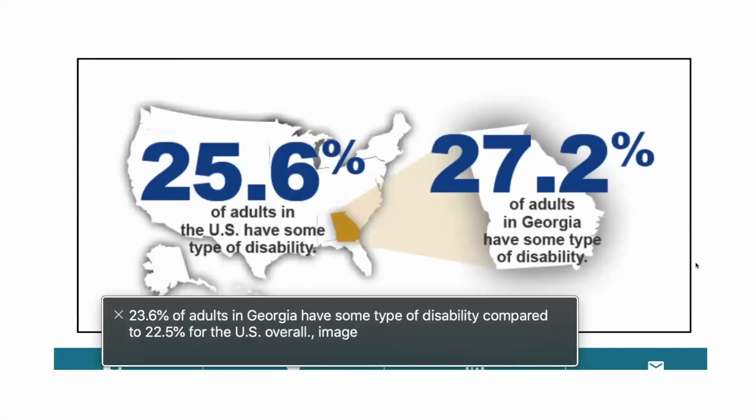Okay, so here's a fun story. While I was making this presentation, I found this graphic on the CDC's website about disabilities in Georgia. I noticed that the alt text on the image did not match the stats in the graphic. That means that a person using a screen reader to interpret the information on the page wouldn't get the correct stats about disabilities in Georgia because they weren't updated in the alt text.